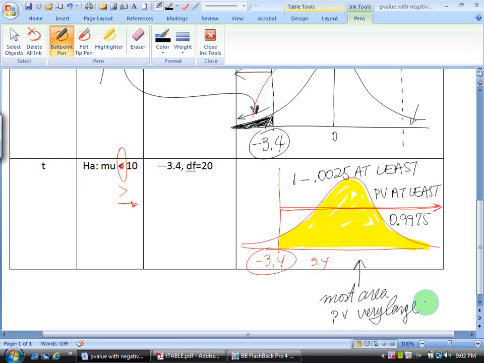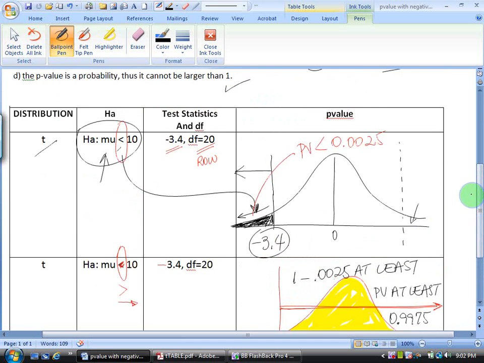Some students have the habit of saying it's between 0.0025 and 0.001. Well, that's not correct, because in this case, it's not between 0.0025 and 0.001. So saying that the p-value is between two numbers is not sufficient. You have to be correct and complete, and that's the correct answer.